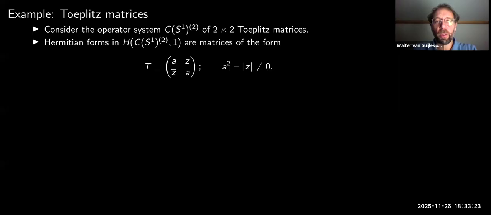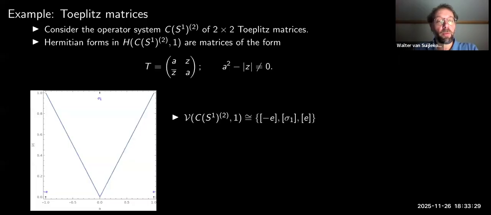Then this should be invertible, so the determinant should be non-zero. That gives me the following picture: a plot of the parameter A and the parameter Z, or absolute value of Z. In that picture, you find Toeplitz matrices in three areas, which are homotopy equivalent within themselves, and they're separated by the line where the determinant is equal to 0.